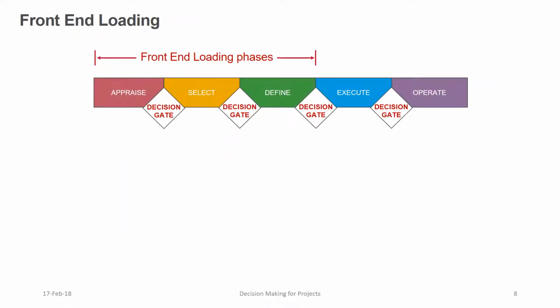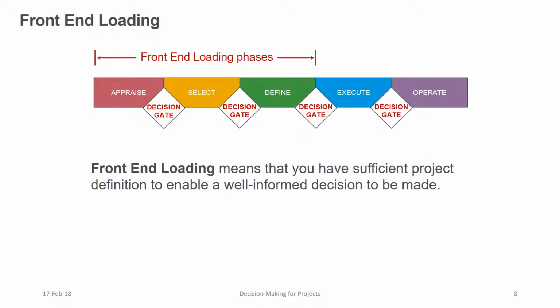The first three phases of the decision-gated framework are known as the front-end loading phases. They are mainly about information gathering and obtaining a better definition of the project before deciding whether to commit to it. For these phases, front-end loading means that you have sufficient project definition to enable a well-informed decision to be made at the end of each phase.